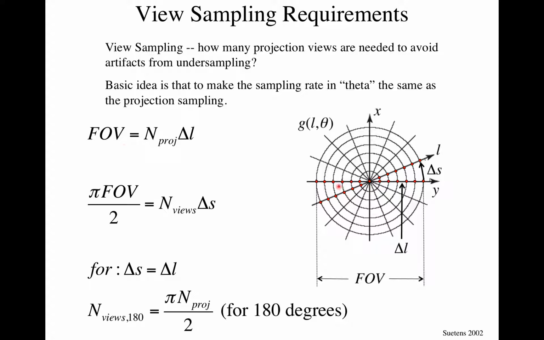We can do a calculation to figure out where this occurs and how many views you need for this to be adequate. Here, if we call this our field of view, that's our target, which is just the whole array across L. So that's just a real number: the number of points along L times delta L, in centimeters or millimeters, whatever.